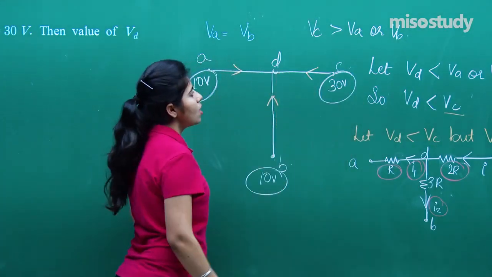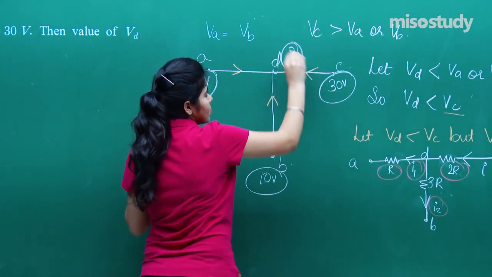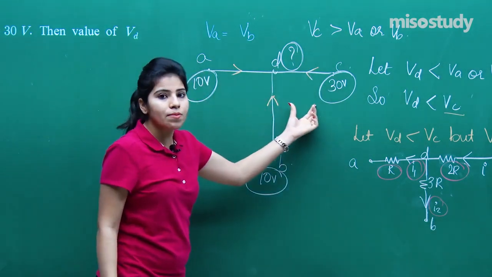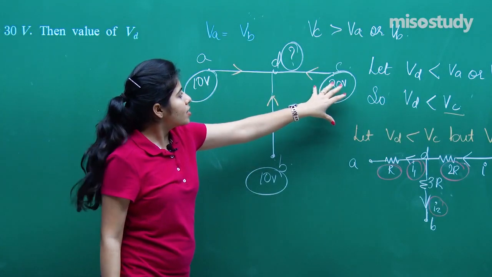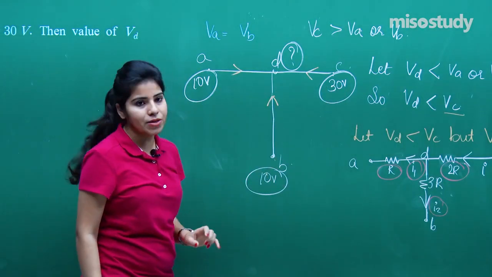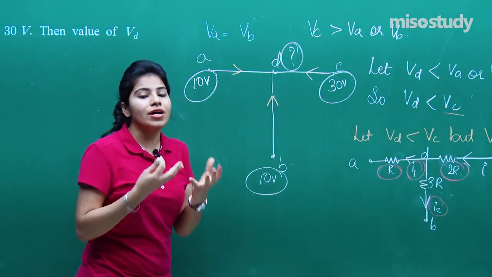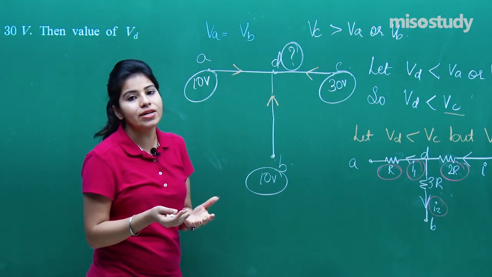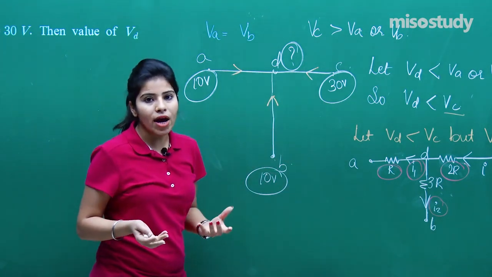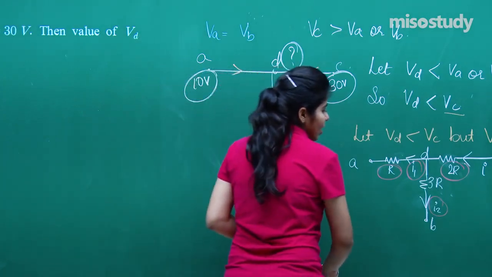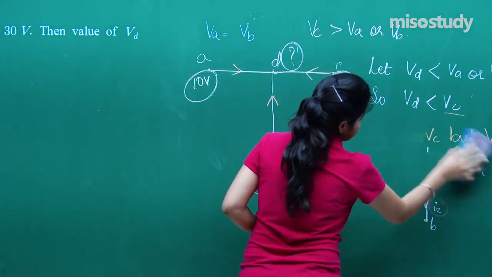We have to tell VD. I can see over here that the current ICD will be equal to IAD plus IDB, right? So if I know the current, I will be putting this in place of current, writing V equals to IR. So I equals V by R.